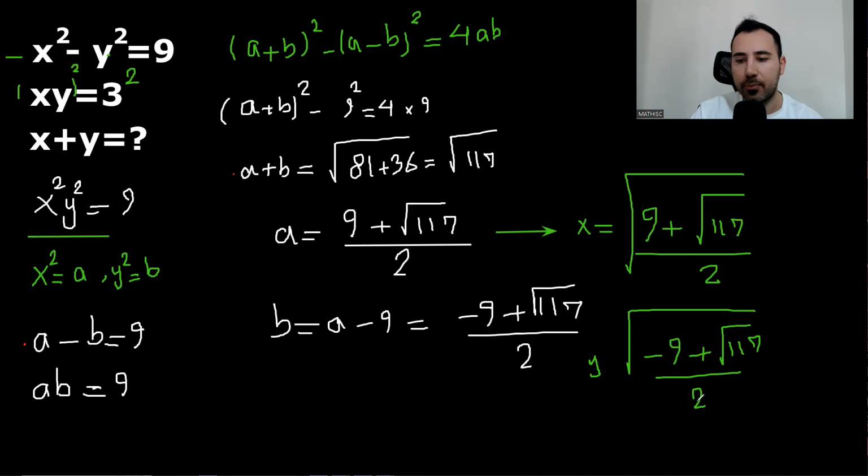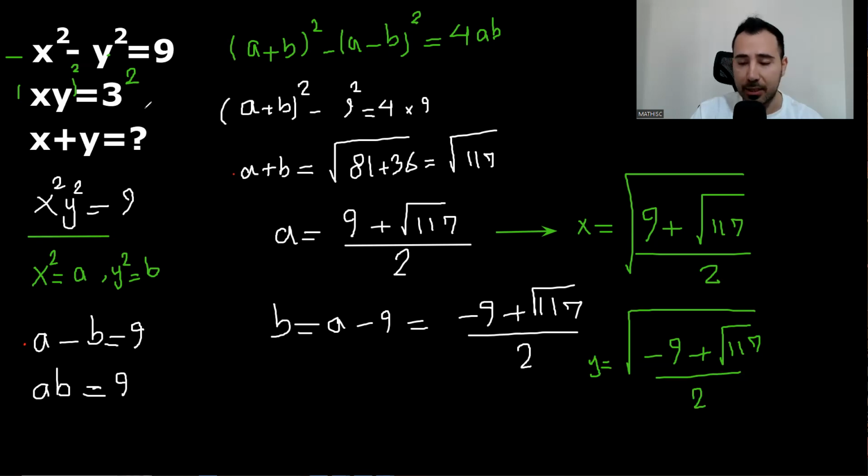But one thing, we just need to check. Are X and Y both positive or could they be negative as well? So from here, we know that if X is positive, Y is positive. If X is negative, Y is also negative because X times Y is 3.